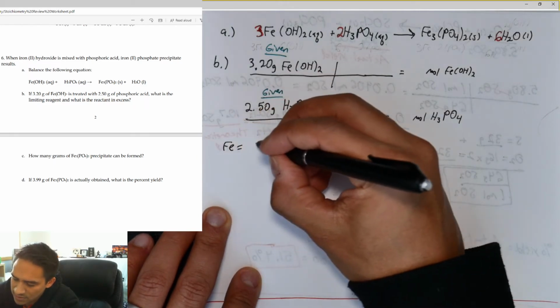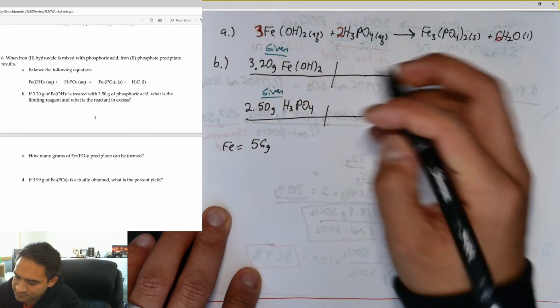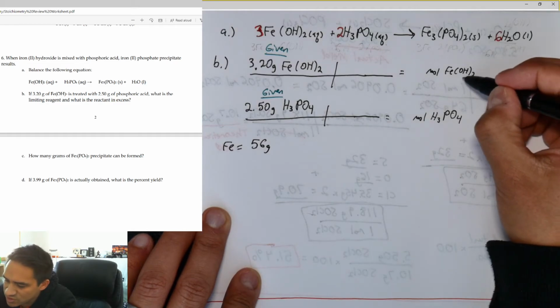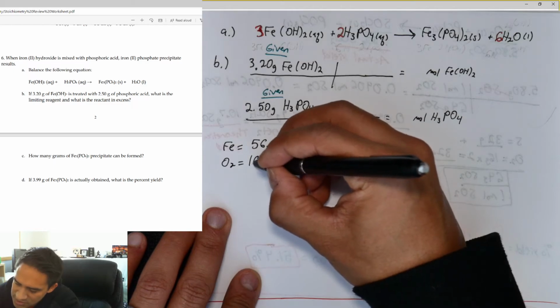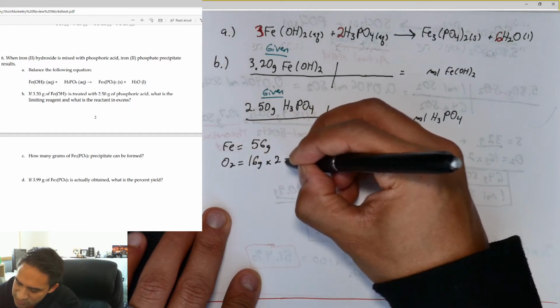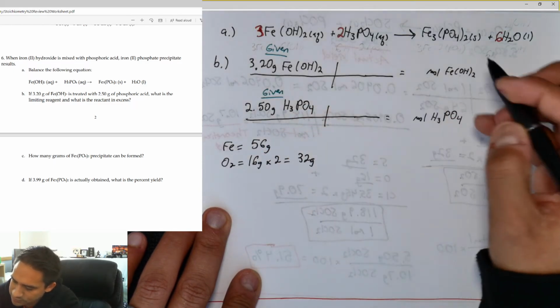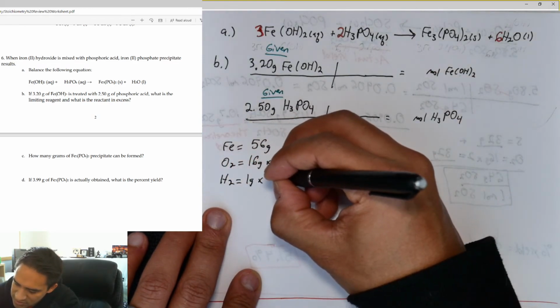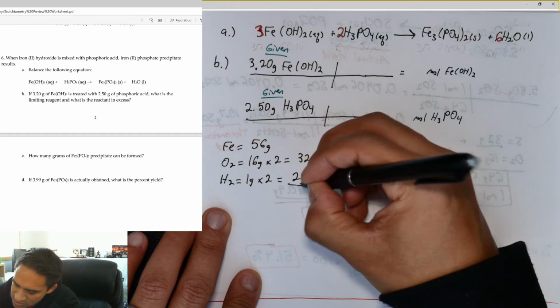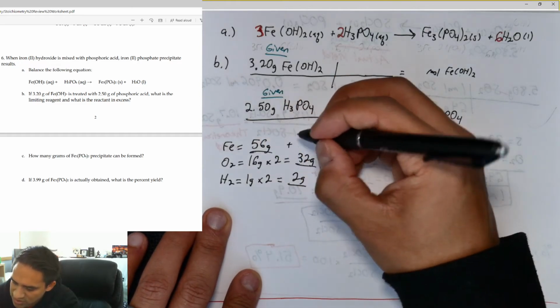So iron is 56 grams. Then we have this 2, which is going to multiply the O and the H's. So we're going to have 2 O's. That's 16 grams apiece, times that by 2. So that's 32 grams. And then the H's, which are 1 gram apiece, times that by 2. That's 2 grams. So we're going to have these numbers that we need to add together.